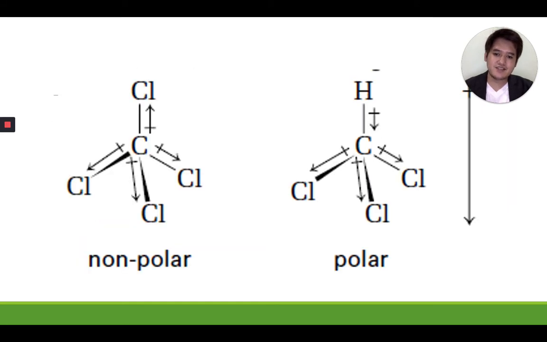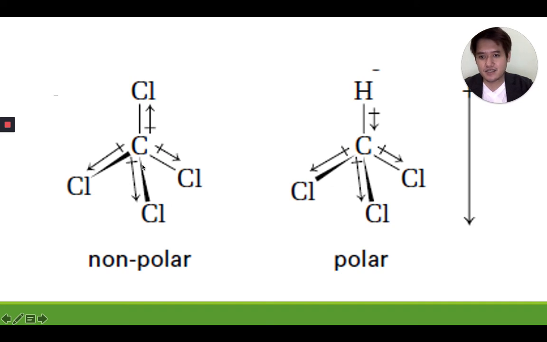Here is another example of a polar and a non-polar molecule. You might have noticed that there is a net movement of electrons from this hydrogen towards carbon, since carbon is more electronegative. If you see that these dipoles point in the same direction, and most of them prevail, there is a net downward moment, so we consider that molecule to be a polar one.